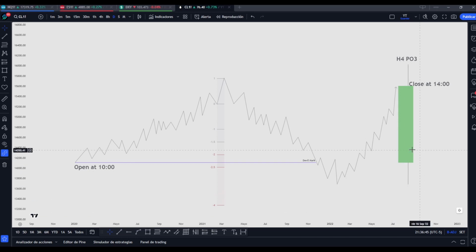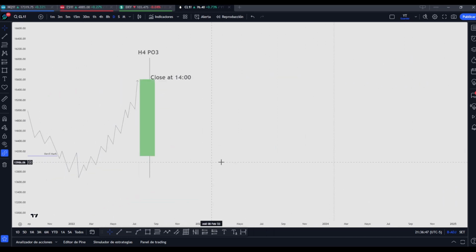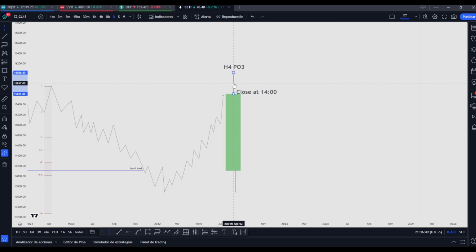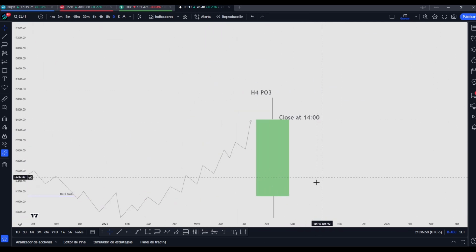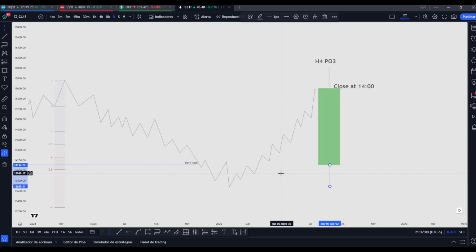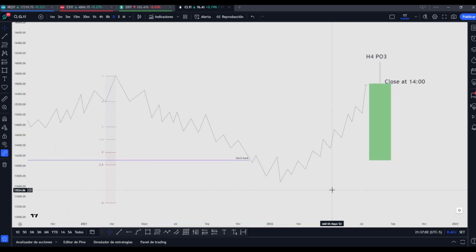What is devil mark? Devil mark will be basically shown as a power of 3, or a same power of 3, that can be shown like this.